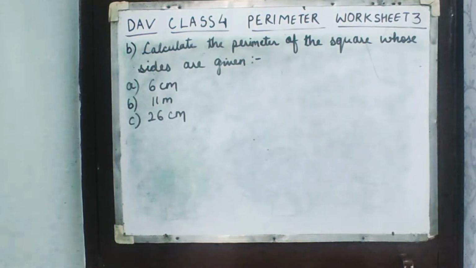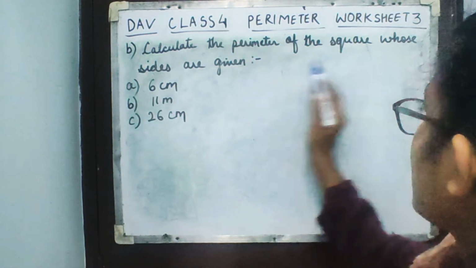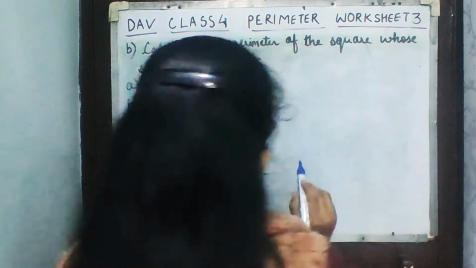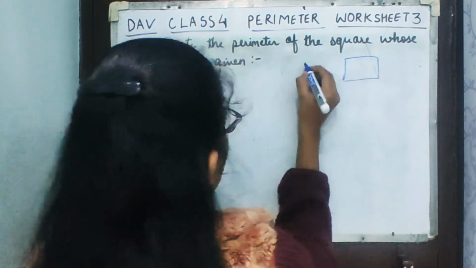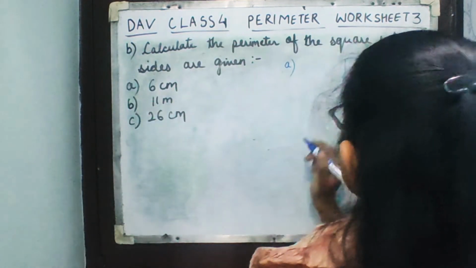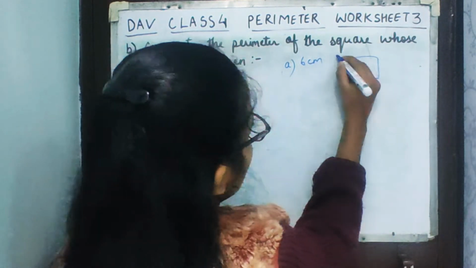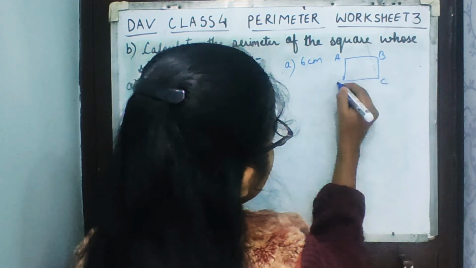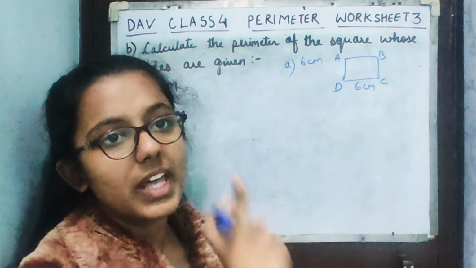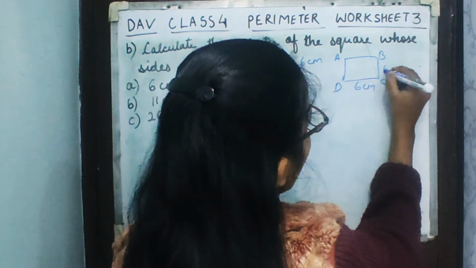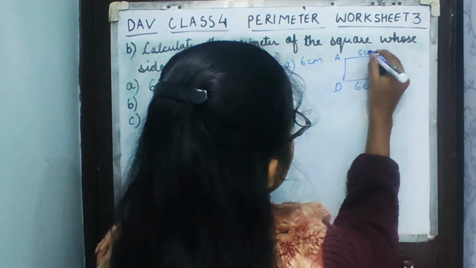B question is: calculate the perimeter of the square whose sides are given. So we have to calculate the perimeter of a square. Let's start with our A part, that is 6 centimeter. This is a square ABCD, and the side is given as 6 centimeter. In a square all sides are equal, that means all sides are 6 centimeter.